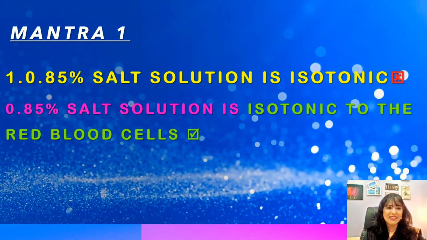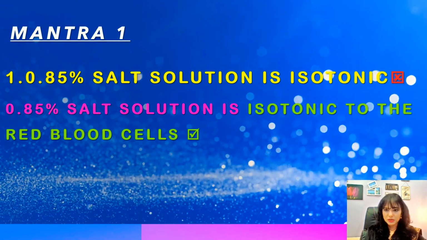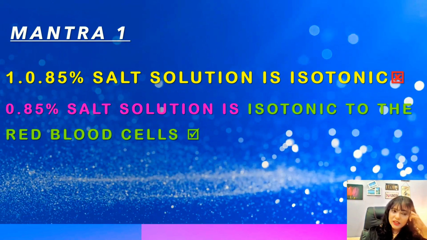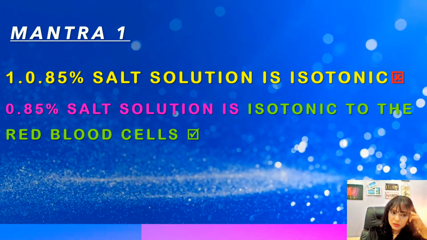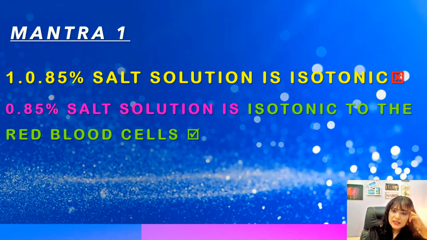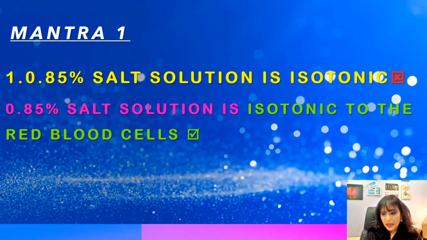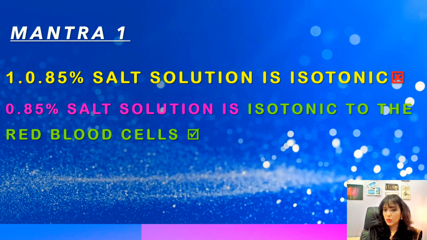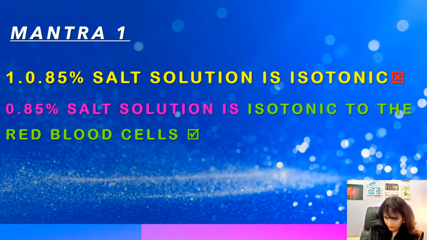The first mantra. Look at the answer of the student: 0.85 salt solution is isotonic. That's wrong, isn't it? So what will be the correct answer? 0.85% salt solution is isotonic to the red blood cell. I emphasized in my previous video that isotonic, hypertonic and hypotonic are comparative words.